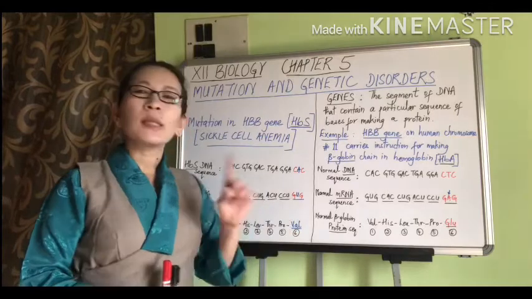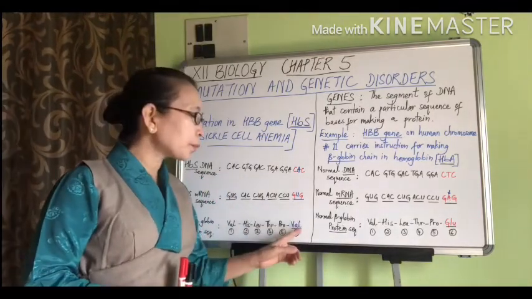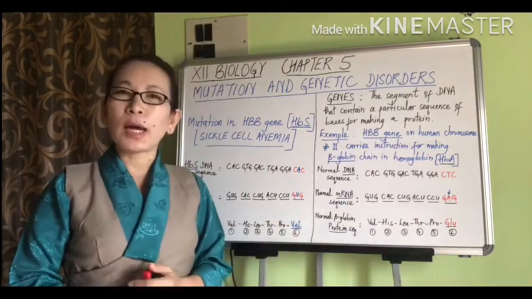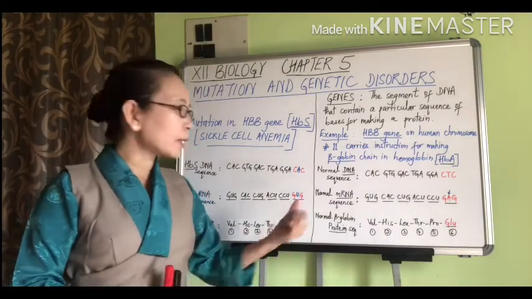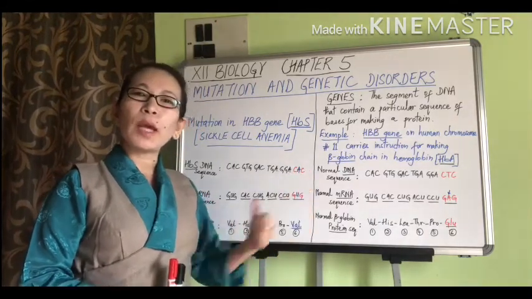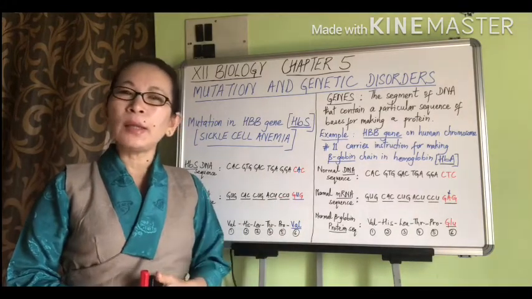And this single base substitution has resulted in a change in the sixth amino acid as well. So we understand that the sequence of the DNA or the sequence of the mRNA determines the sequence of amino acids in the protein.